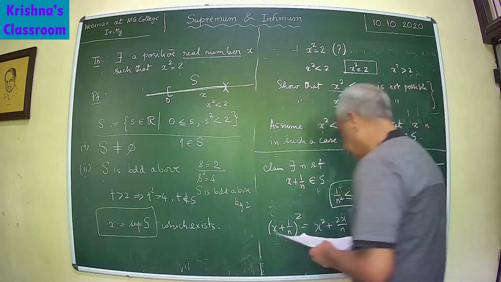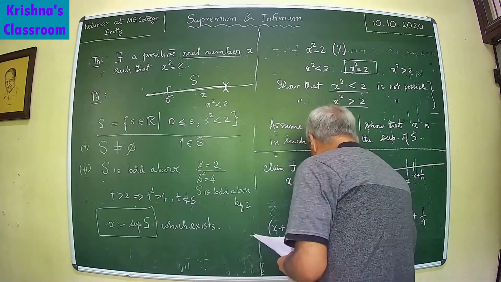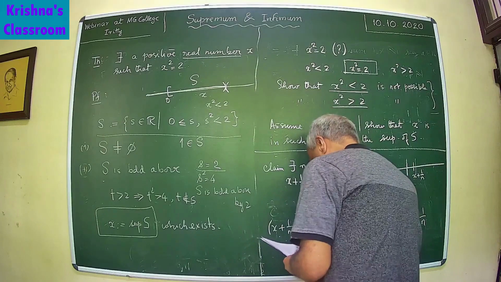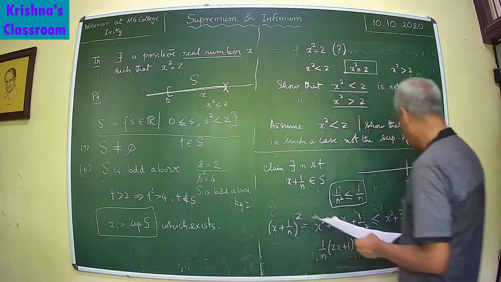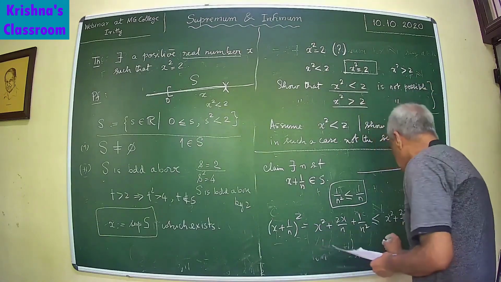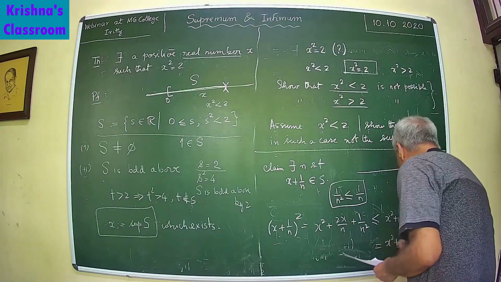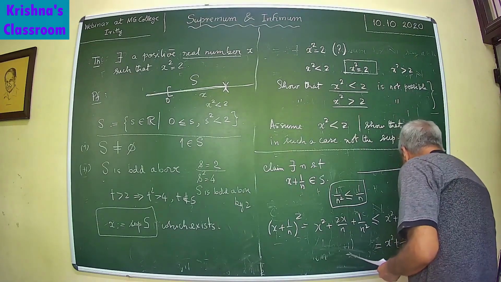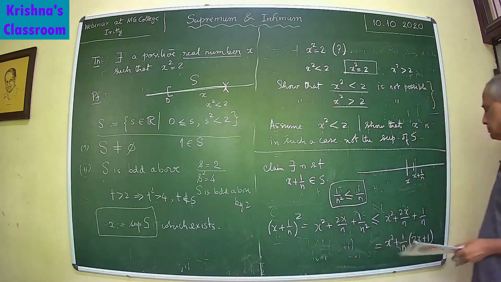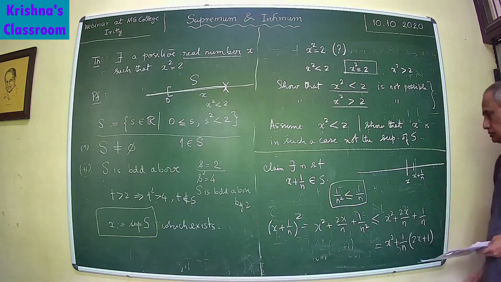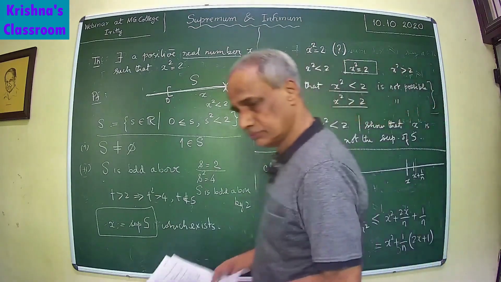And therefore you can write this as x square plus 1 by n into 2x plus 1. So this is the inequality you get.